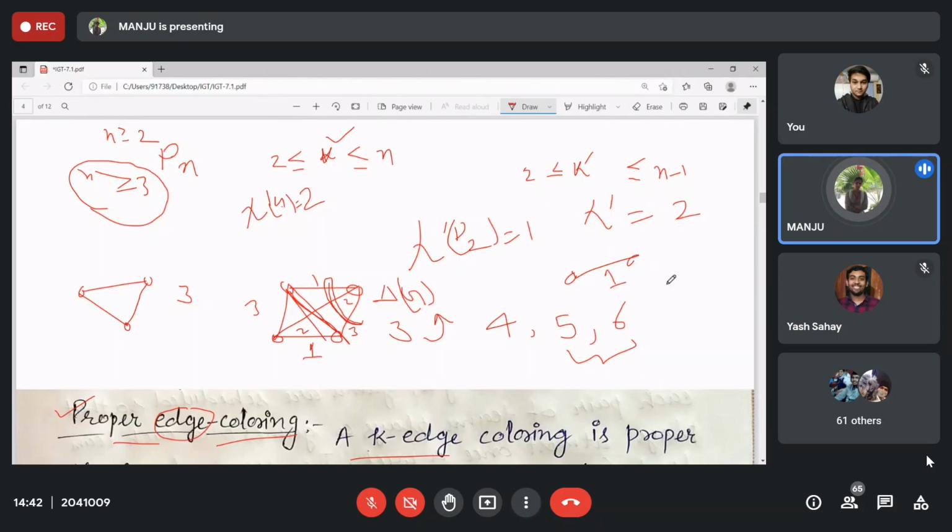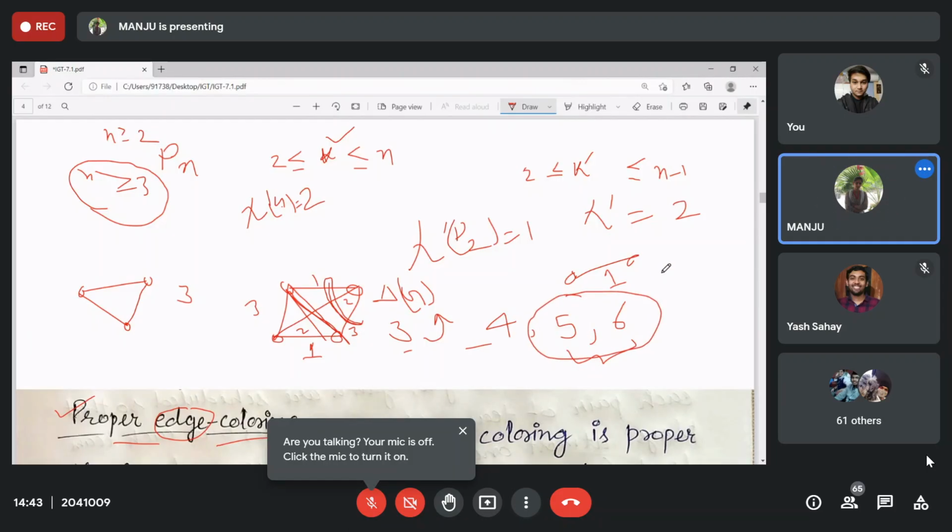But now it is up to 6. Why? I'm saying this is K colorable for K equal to 3, 4, 5, 6. Why are these two considered?